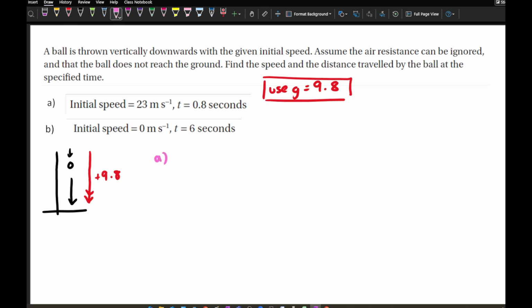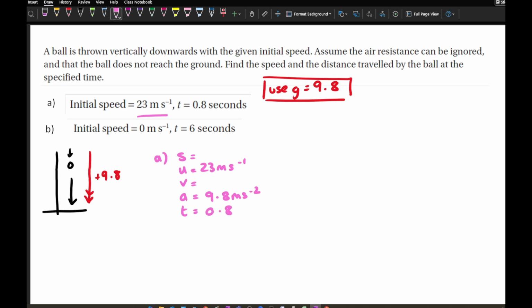So for question A, if I start by writing my SUVAT, I've got an S value and I don't know what that is. My initial speed is 23 meters per second. My V, I don't know. My acceleration is positive 9.8 meters per second squared, and my time is 0.8.